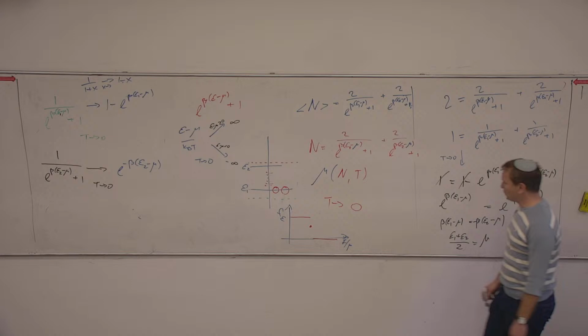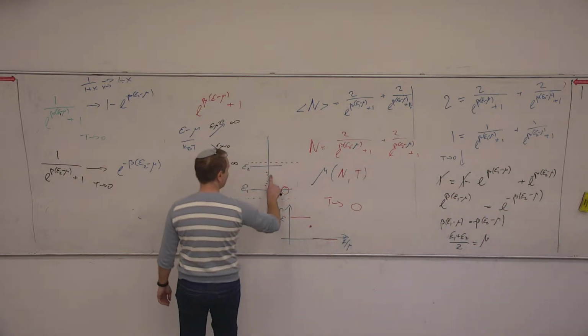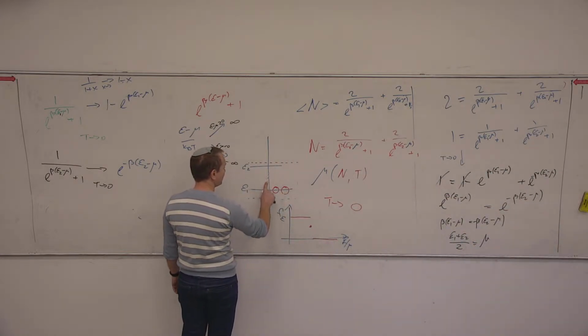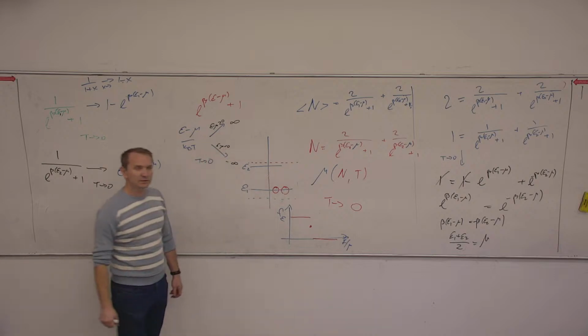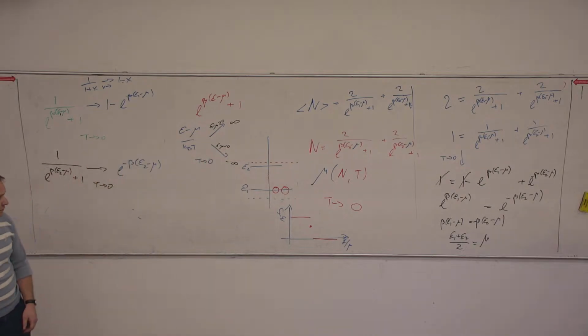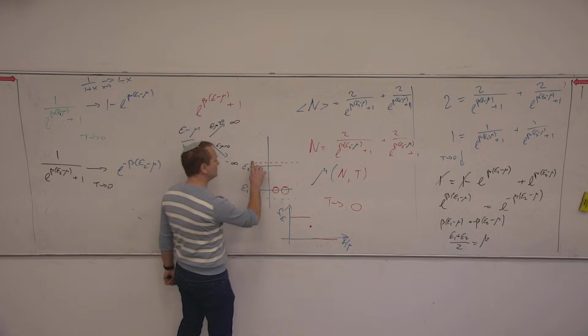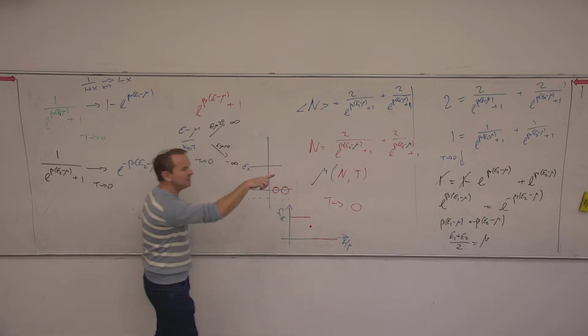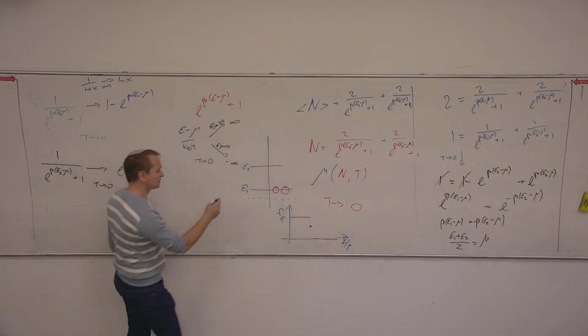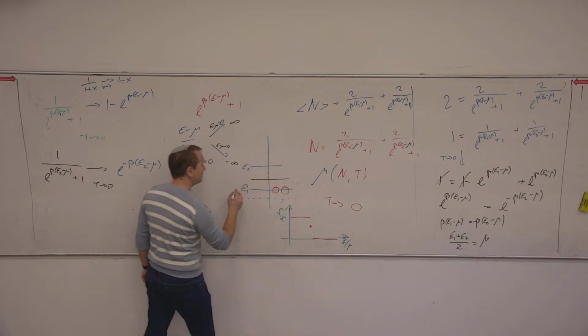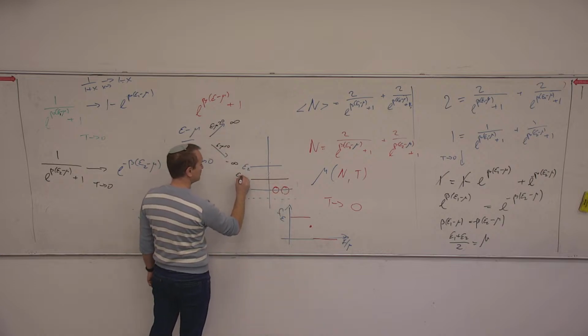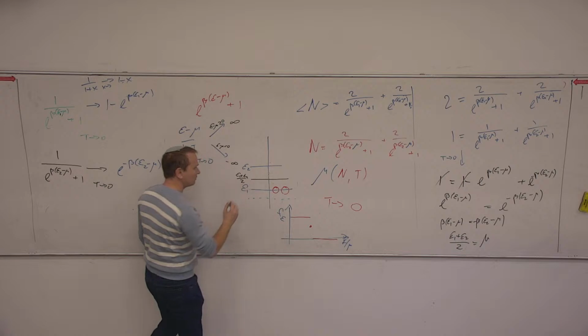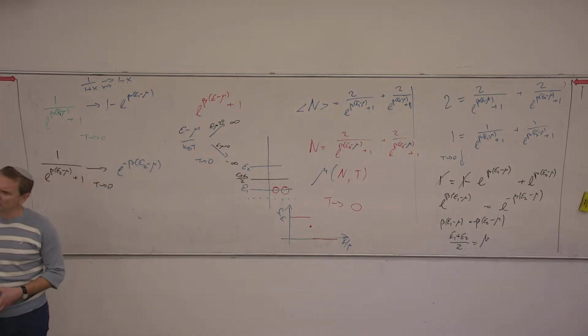So what we see is that when we have only two particles in the system, the Fermi level at T going to 0 temperature sits exactly between those two. This is a simple example.